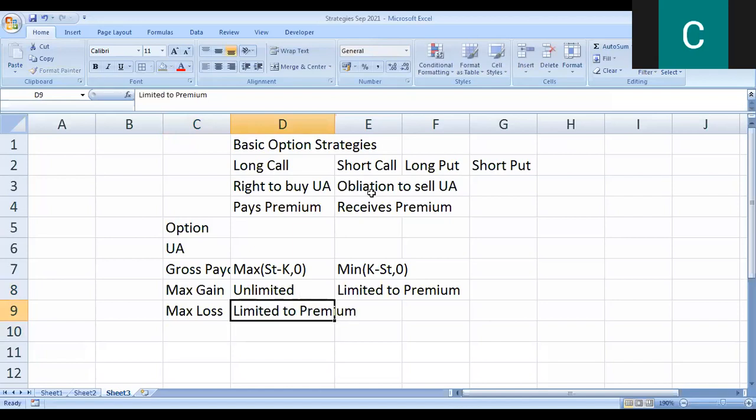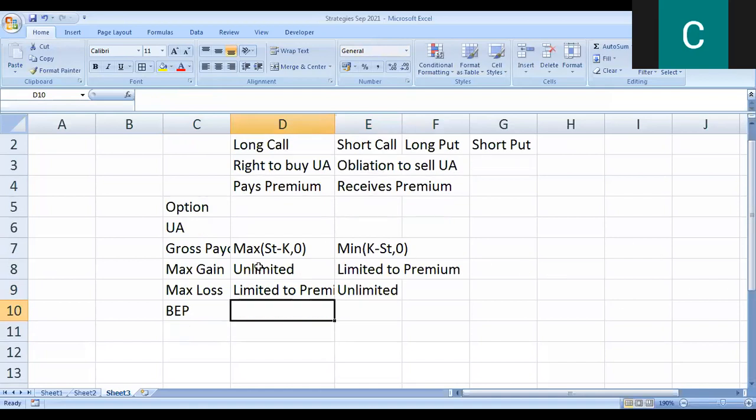Short call has unlimited loss. What is the break-even point here? Strike price plus premium, for both the parties. Only the thing is that one party gets into the profit zone from the loss zone and vice versa. Otherwise, it is the same for both the parties.